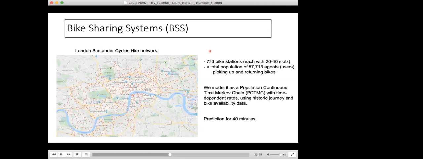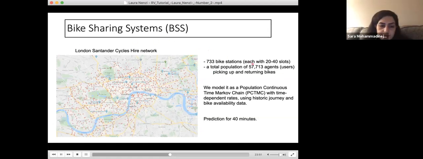We consider the bike sharing system of London. That is a very large bike sharing system, with more than 700 bike stations, each with 20-40 slots, and a total population around 60,000 agents, that are the users that can pick up and return the bikes.